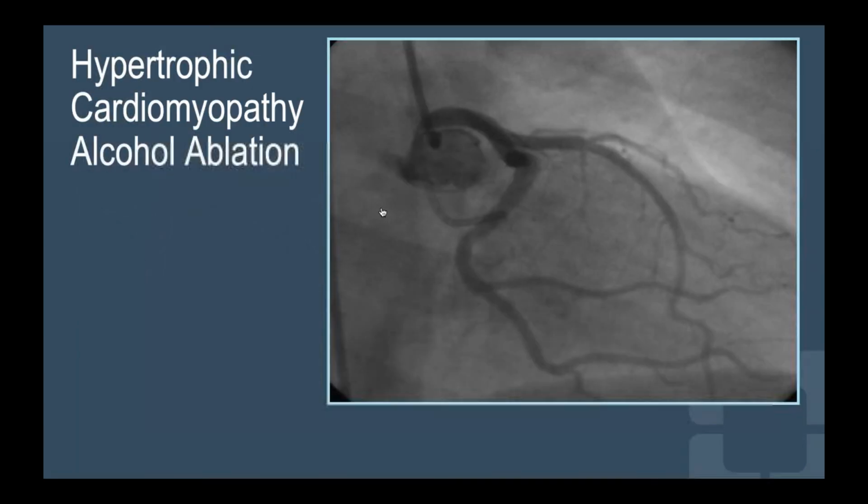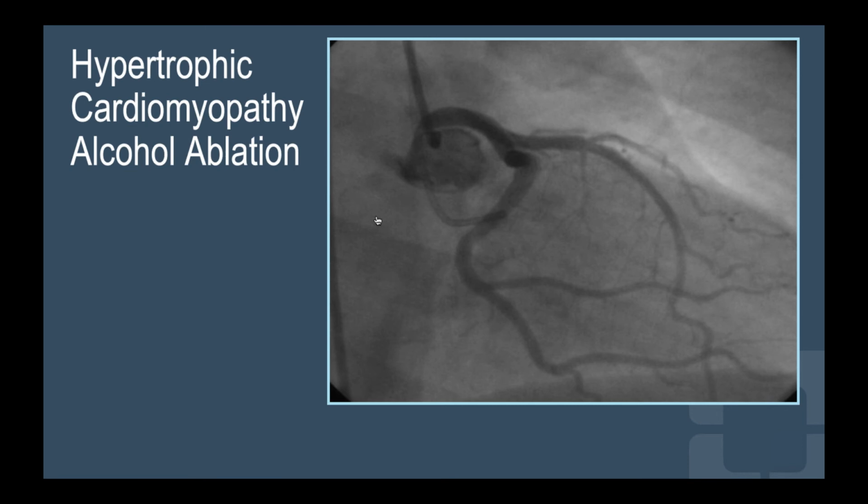Okay, so the other therapy being proposed for patients with hypertrophic cardiomyopathy that failed medical therapy is alcohol ablation, so septal alcohol ablation, and this is an actual case. You can see they're doing an LAD angiography.